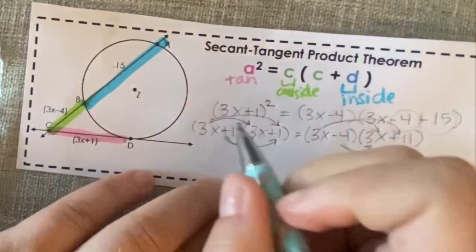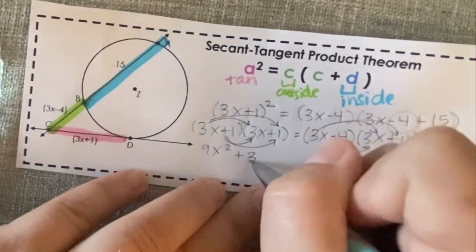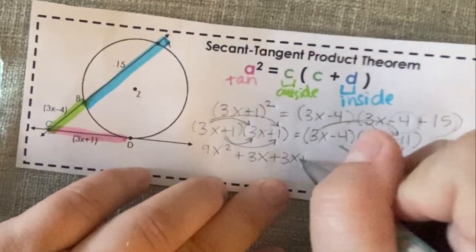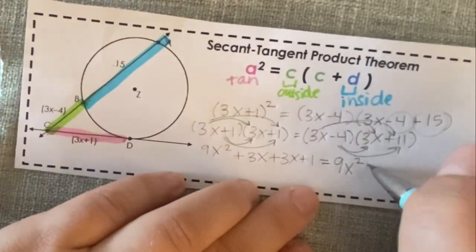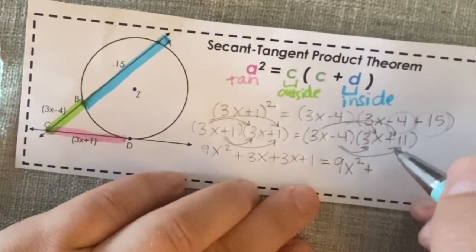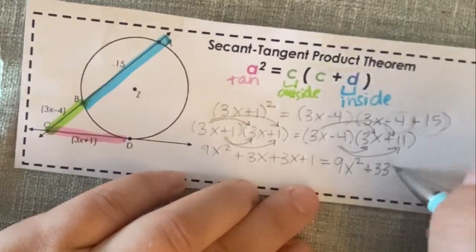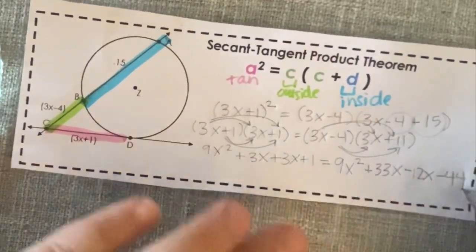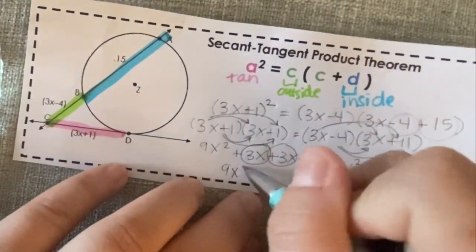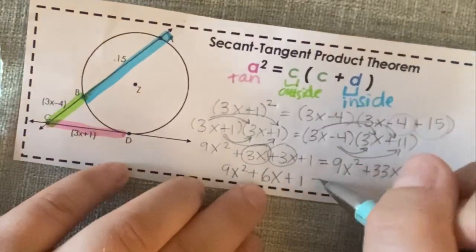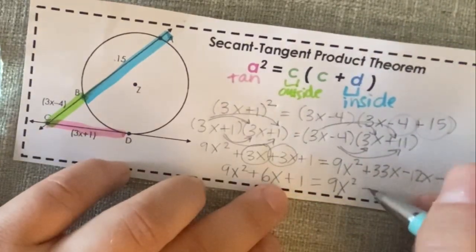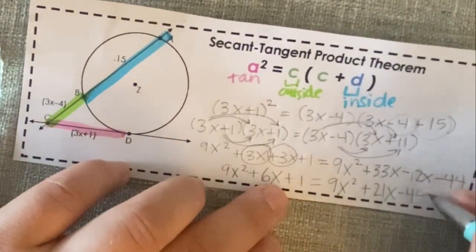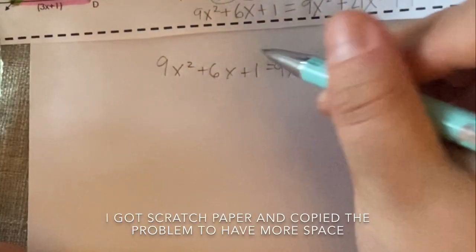We have a double distribution. Combine our like terms. Okay, and now we're going to solve like normal.